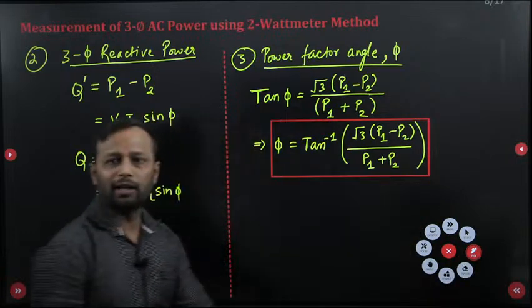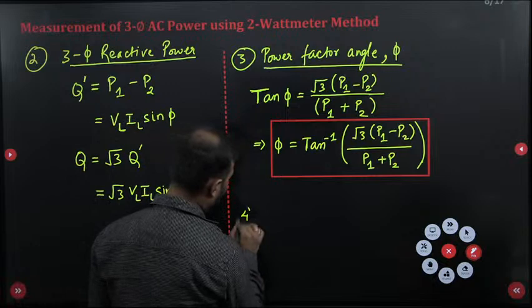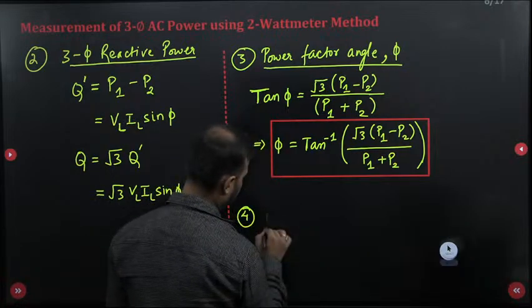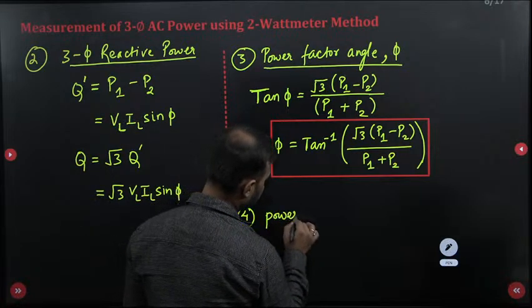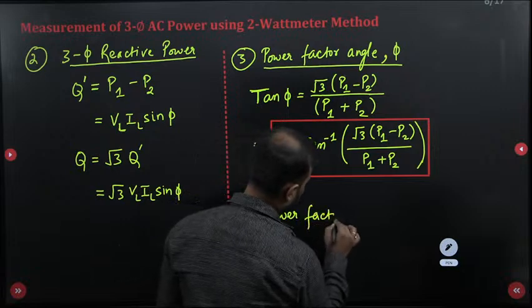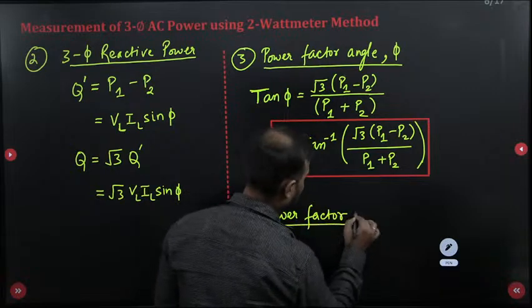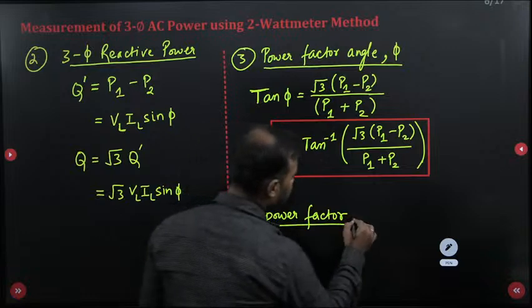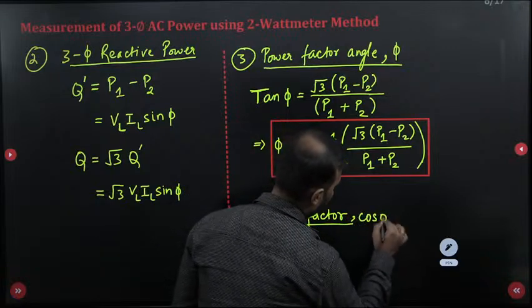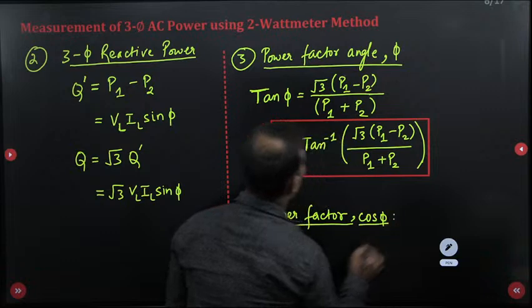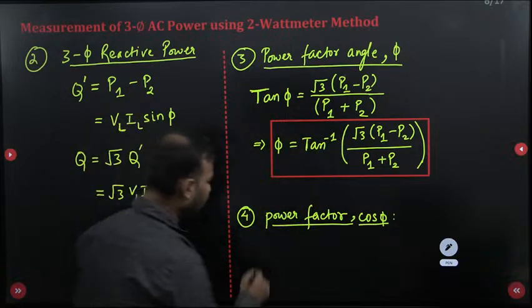Okay, and the last one is the fourth one, which is power factor. Power factor means cos phi. Since we have calculated the phi, can't we get the cos phi?